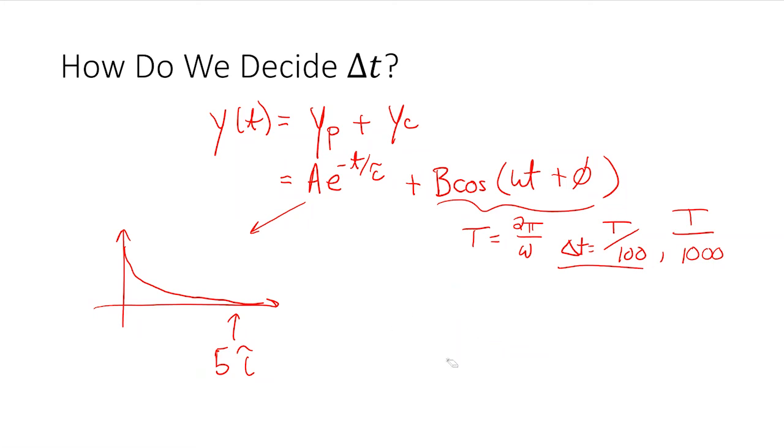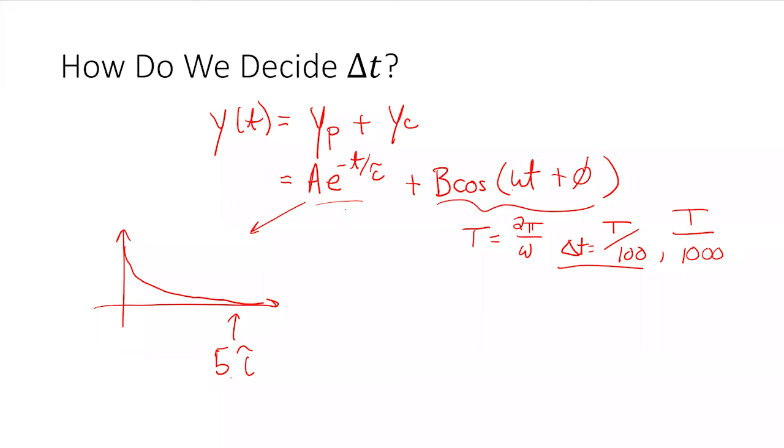I need to have enough points to be able to see this thing. So what I have to do is look at this and say, well, I have two things going on in my solution. I have this decaying exponential and I have this cosine waveform. This exponential is done in 5 time constants. This guy over here has a period 2 pi over omega.